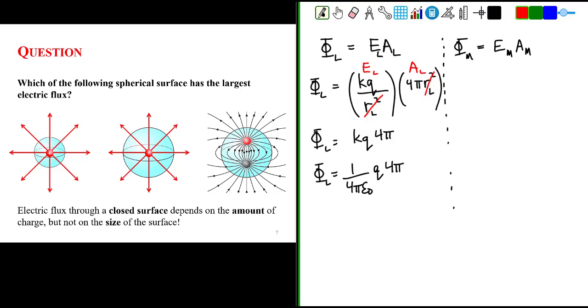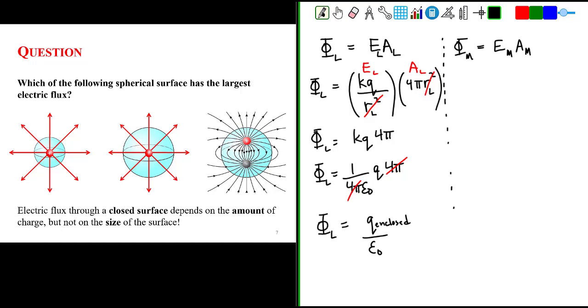But notice the 4 pi in the numerator cancels with the 4 pi in the denominator. So the electric flux through the smaller sphere on the left is simply Q over epsilon naught, where Q is the amount of charge that is inside our sphere. Okay, so now we have an expression for the electric flux on the left sphere.